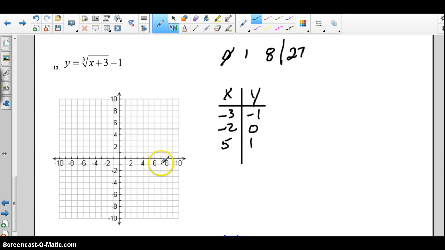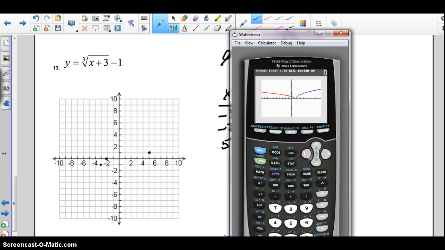So let's go ahead and graph these three and see what happens. -3, -1, -2, 0, and then 5, 1. Is that all we're going to need for this cube root? I'm not sure. Let's take a look at the calculator.